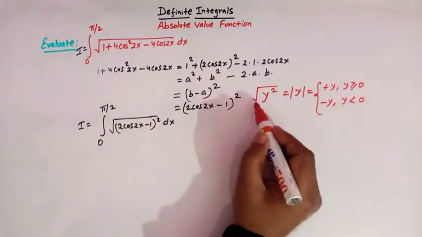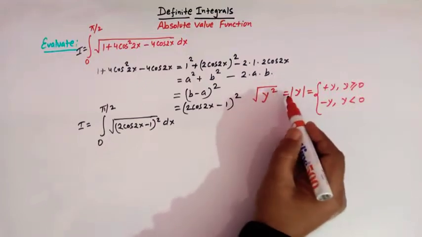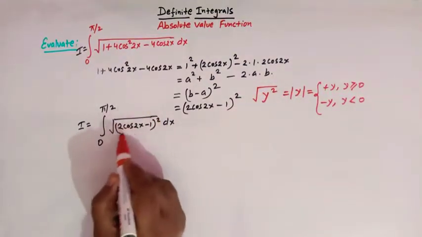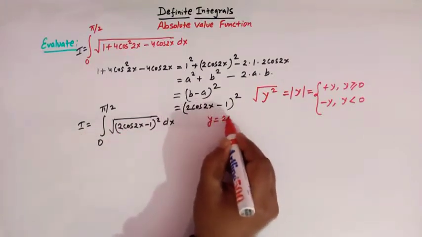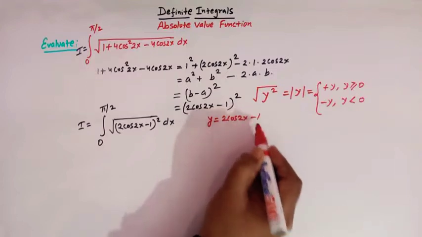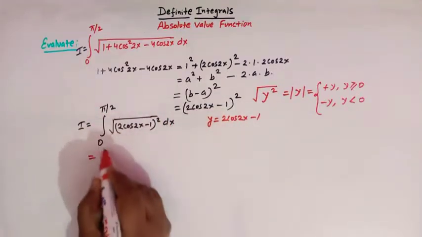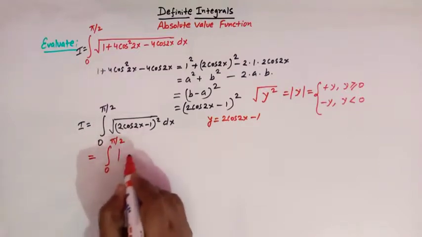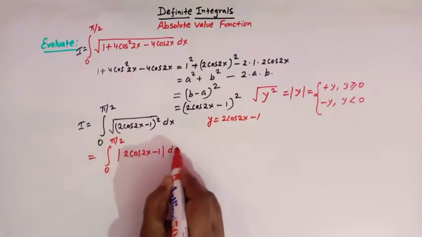So always remember that the square root of y square is equal to mod of y. If we replace y by 2 cos 2x minus 1, this integral can now be written as the integral from 0 to pi by 2 of mod of 2 cos 2x minus 1 dx.